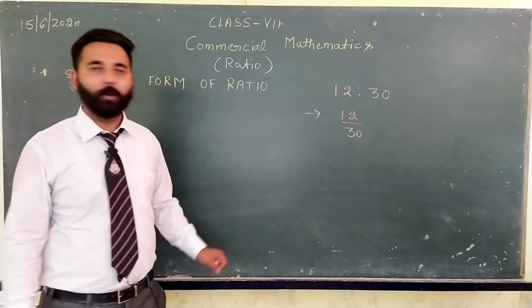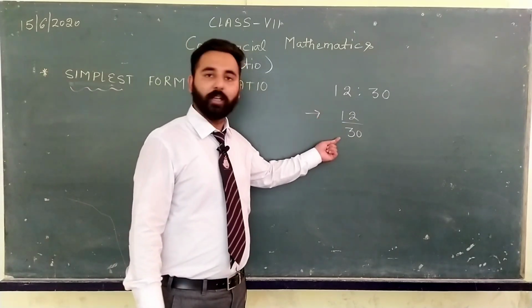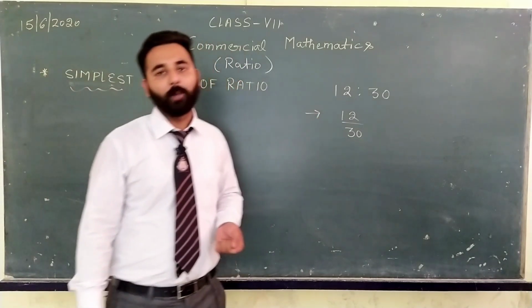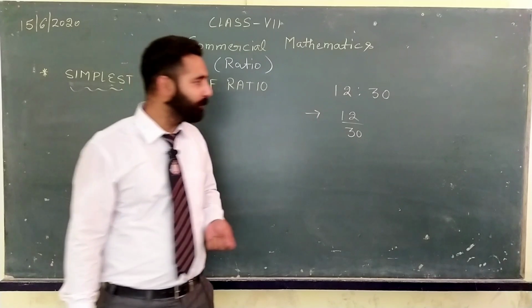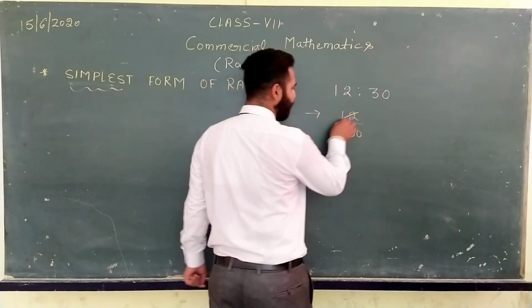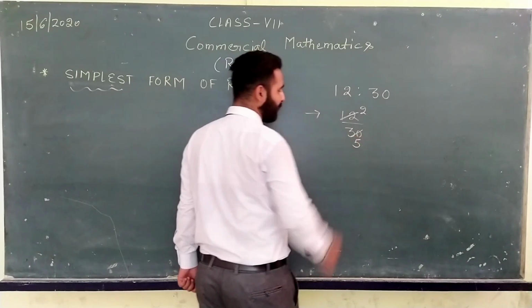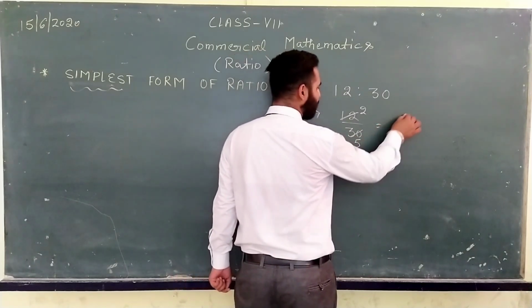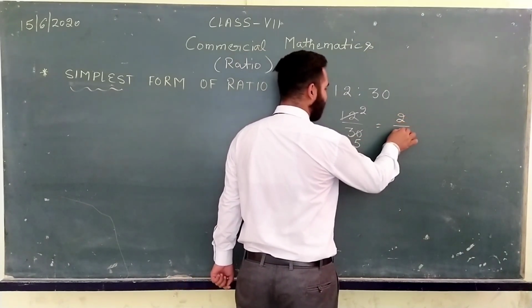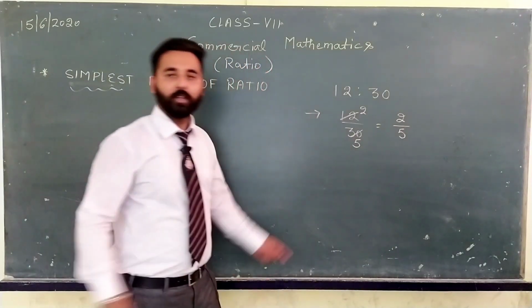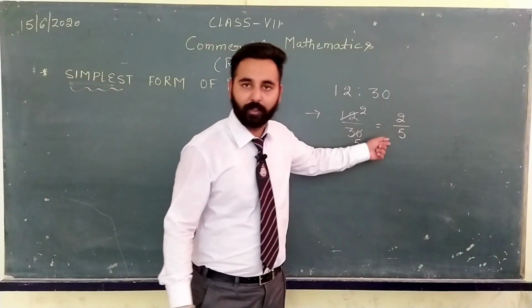Now we all know 12 and 30 are both multiples of 6. 6 twos are 12 and 6 fives are 30. So the smallest form is 2/5, because further no cutting is possible here.